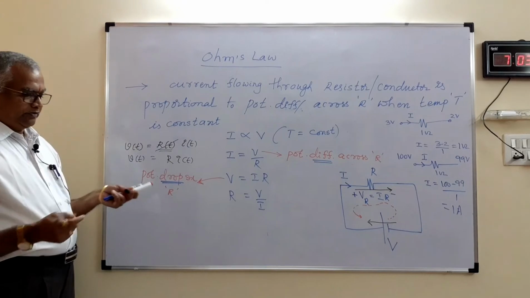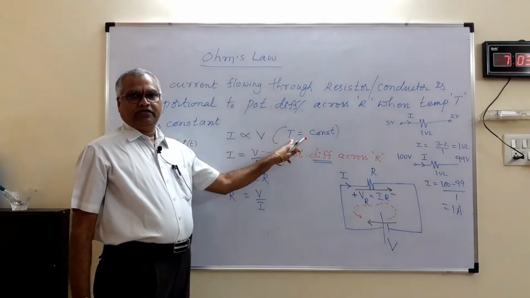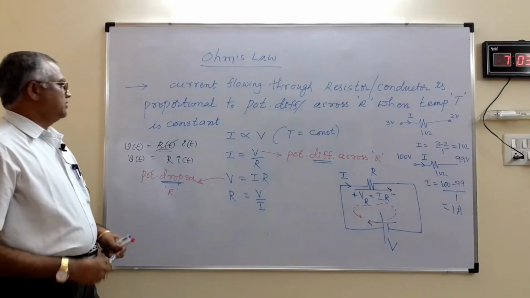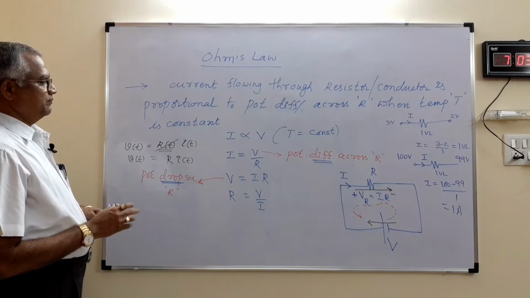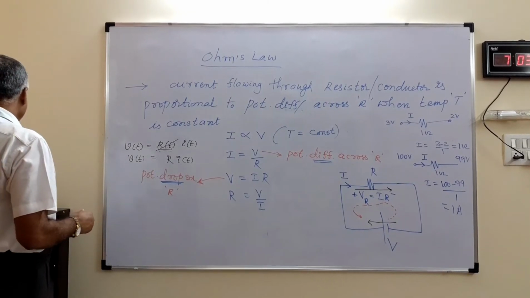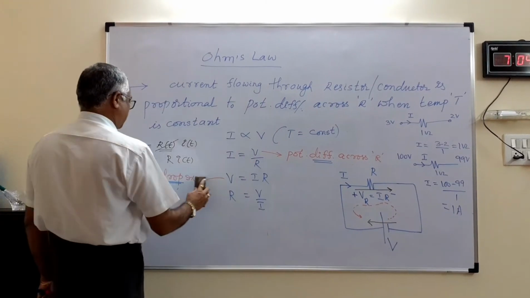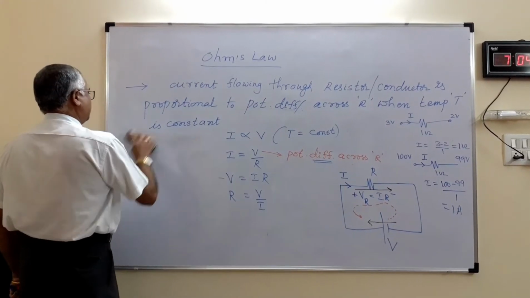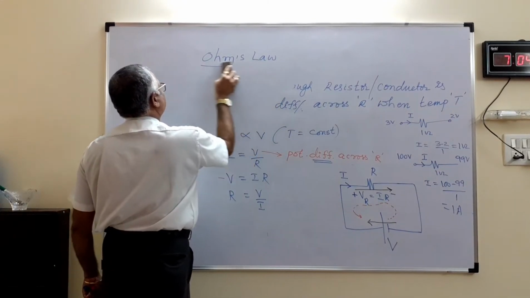The whole concept is simplified within the boundary of assuming temperature constant. So this is the Ohm's law basic definition. This you can also understand with the help of a pictorial view of Ohm's law.